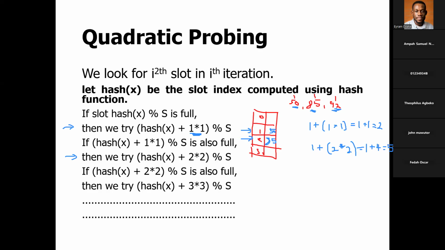Okay. So now we come to index 5. If it is not occupied, then we put in the value 92.